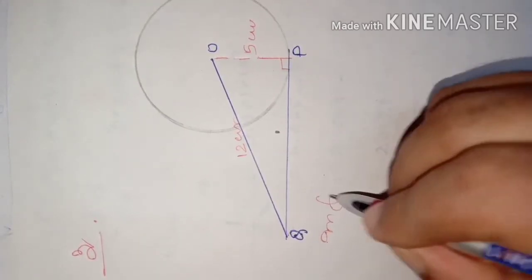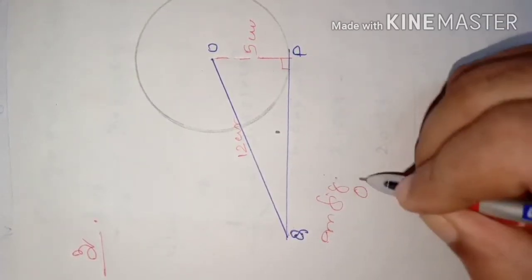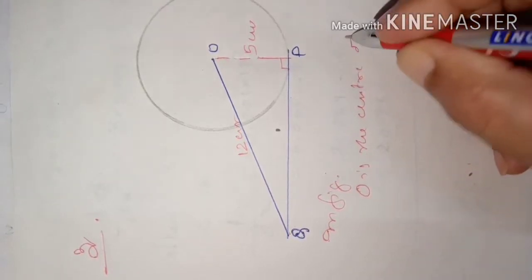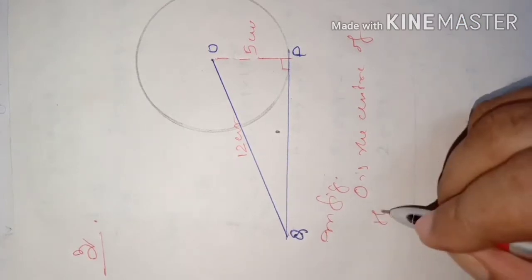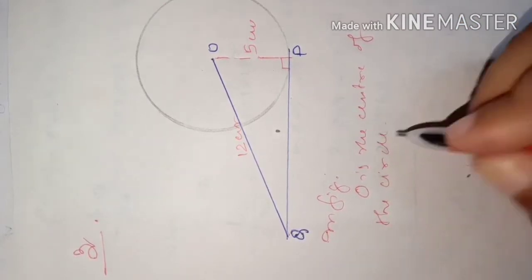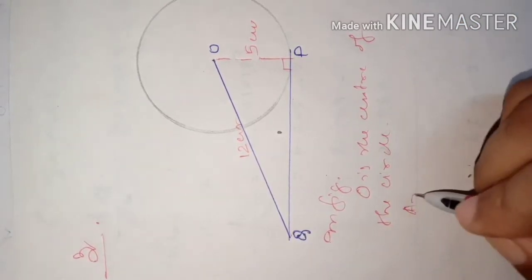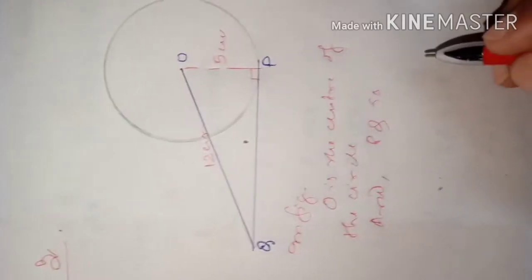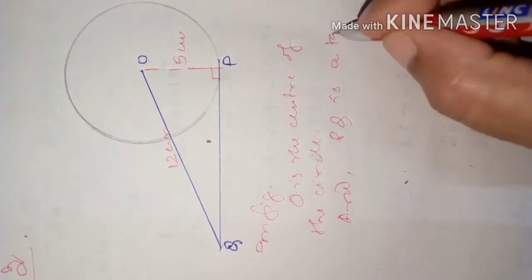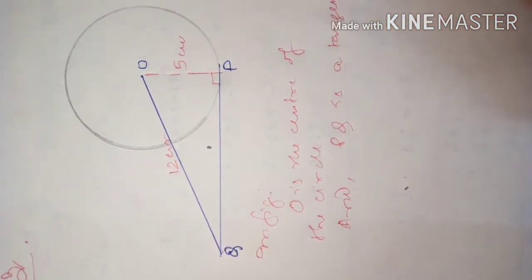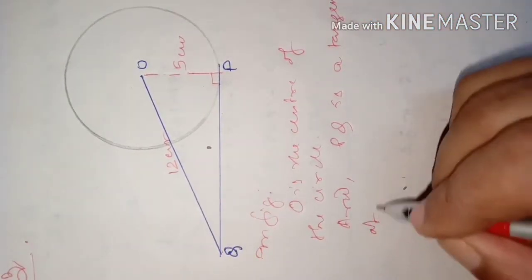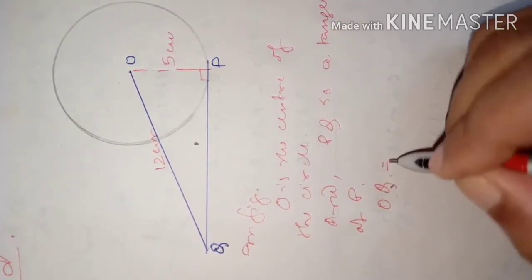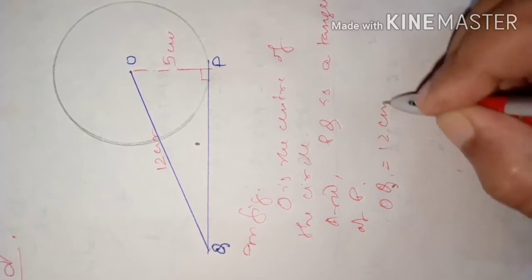In the figure, O is the center of the circle. PQ is a tangent at P. So OQ is equal to 12 cm.